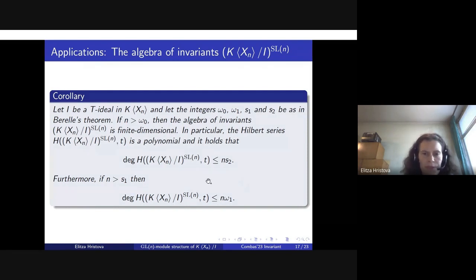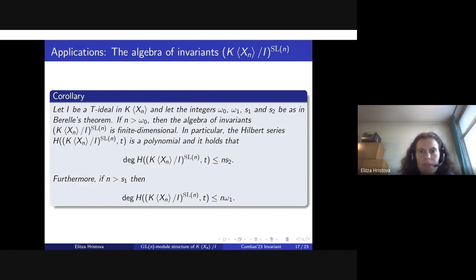So this theorem tells us that not only omega 0 and omega 1 are important when computing degree bounds, but also S1 and S2 from Barrow's theorem are important to be able to compute degree bounds on generators of algebras of invariants.